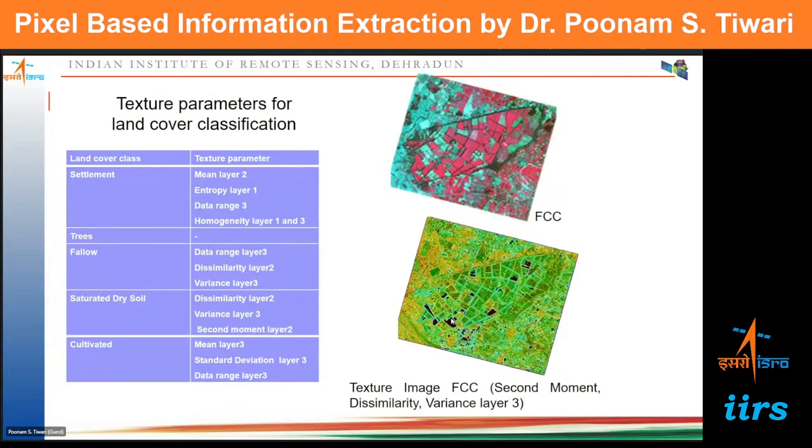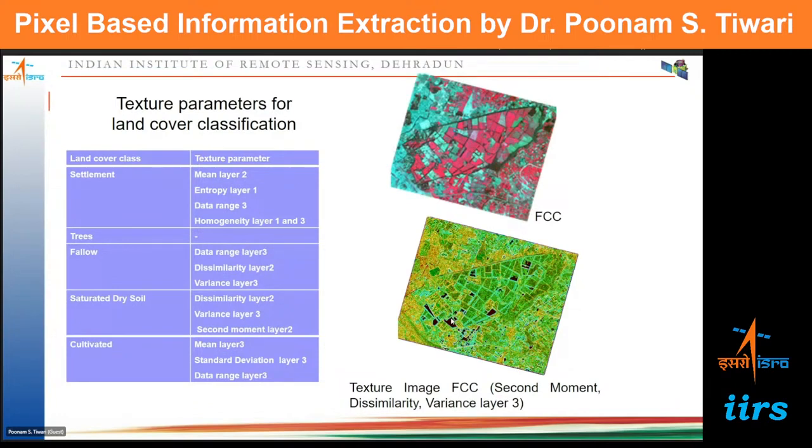Okay, so you can calculate different types of texture measures from the false color composite and use those texture measures for creating a false color composite. So in the lower, you can see the first one is the false color composite of the image. The second one is the false color composite of textures that we have calculated.